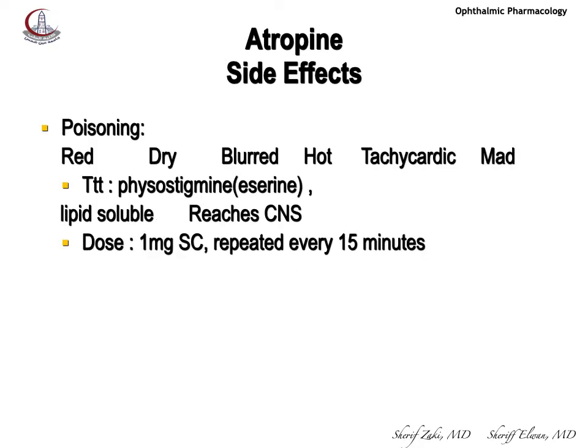Its side effects are poisoning, and this results in the very well-known picture of redness, dryness, blurring of vision, hotness, tachycardia, and generalized sensation of madness. Its treatment is by physostigmine, which is eserine, a lipid-soluble drug that may reach the central nervous system, and the dose of the treatment is 1 milligram injected subcutaneously, repeated every 15 minutes.